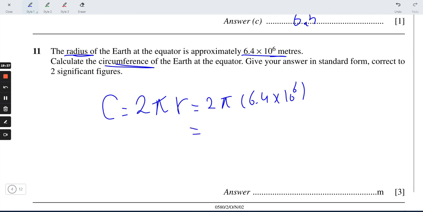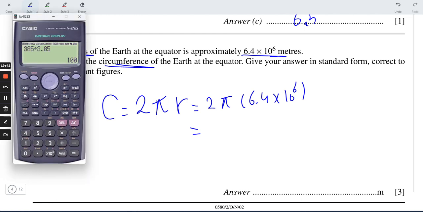Using a calculator: 2 times shift pi times 6.4 times 10 to the power of 6, equals.